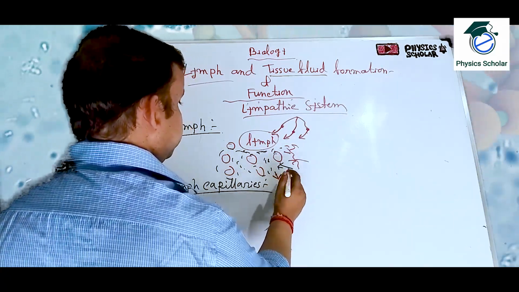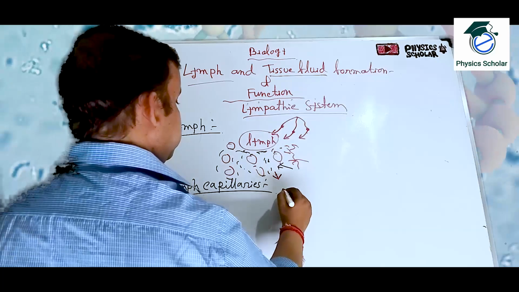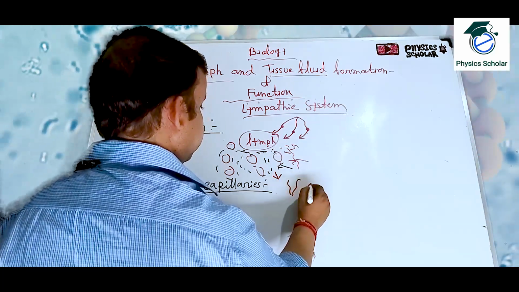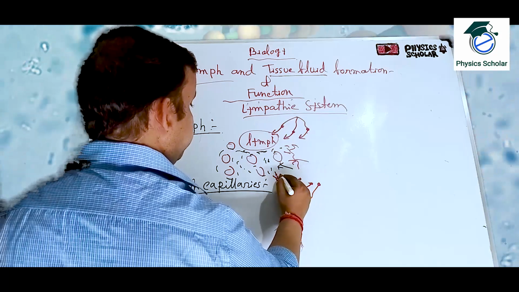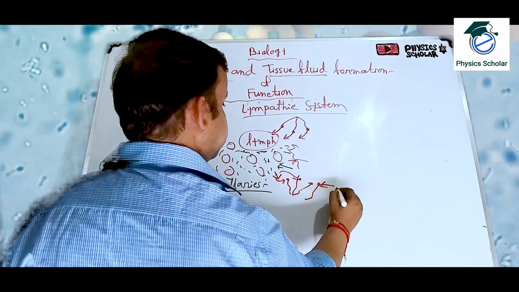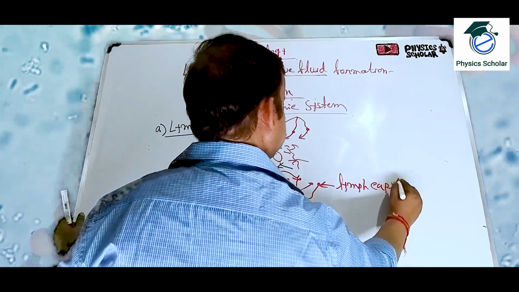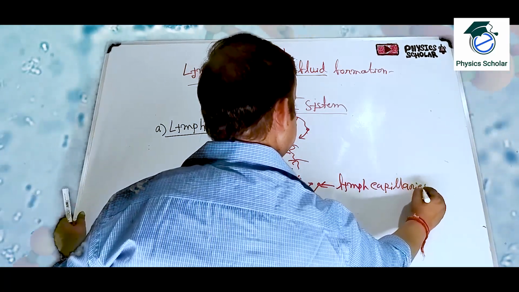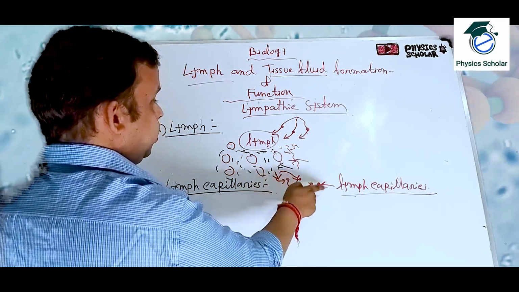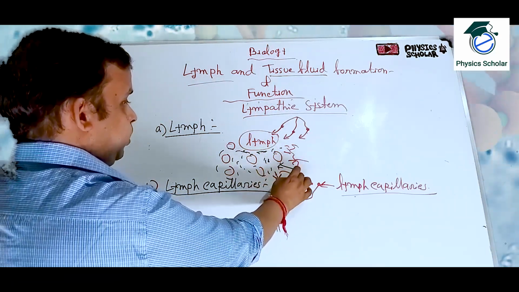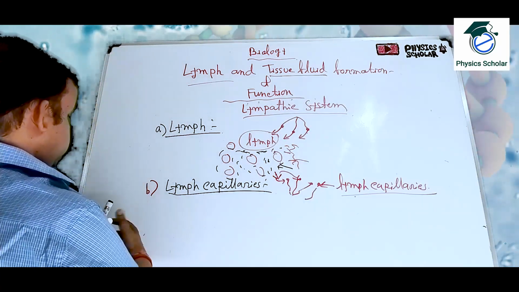This lymph, which is in between the tissues or cells, will be absorbed by the lymph capillaries. It will enter inside the lymph capillaries. Clear?